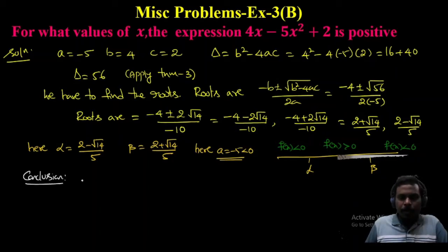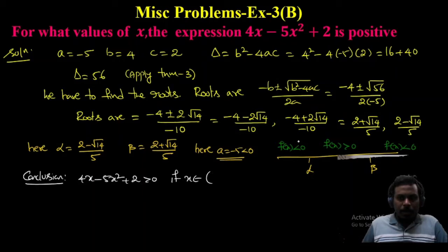The conclusion is 4x minus 5x square plus 2 is positive if x belongs to 2 minus root 14 divided by 5 to 2 plus root 14 divided by 5.